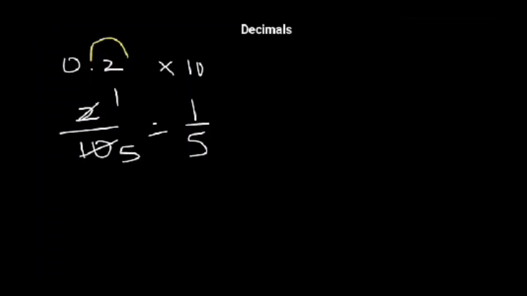Moving on to a second example, if we had 0.68 and we needed to convert this to a fraction. Once again, the first thing that we need to do is look at our number and see how many decimal places we have. Looking at this, we have 2 decimal places.